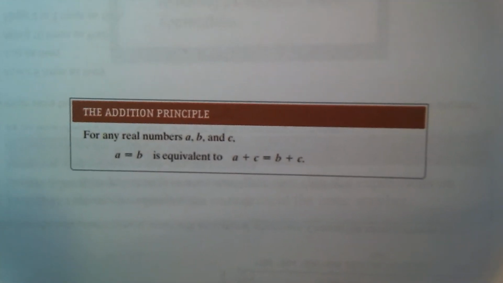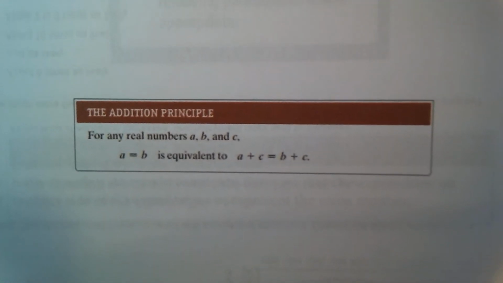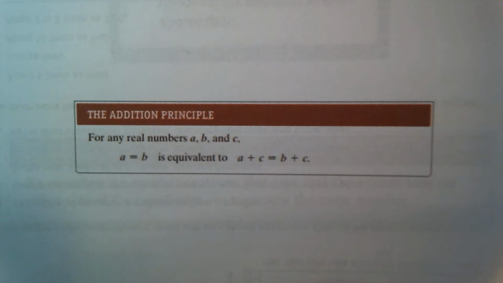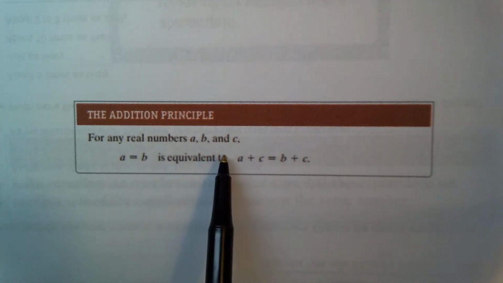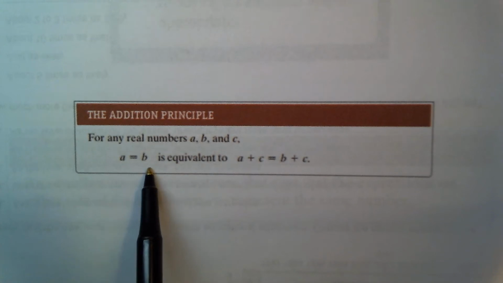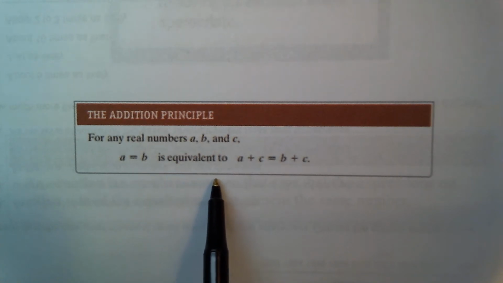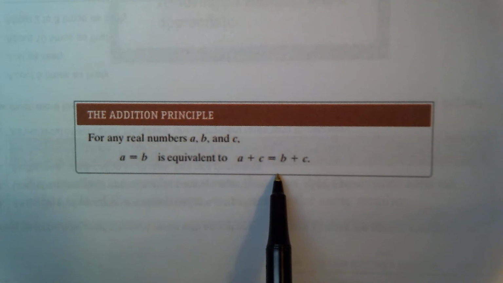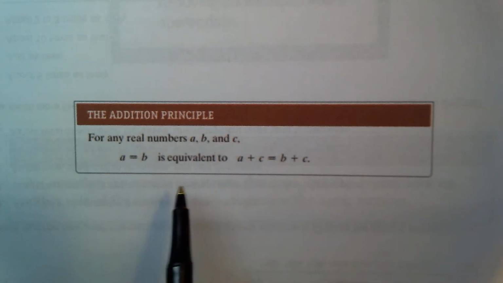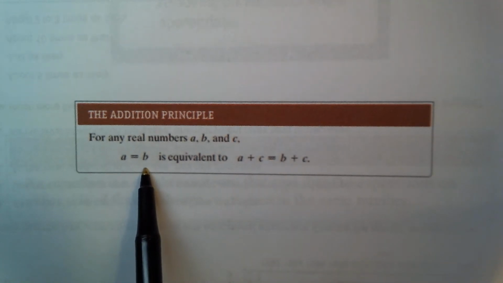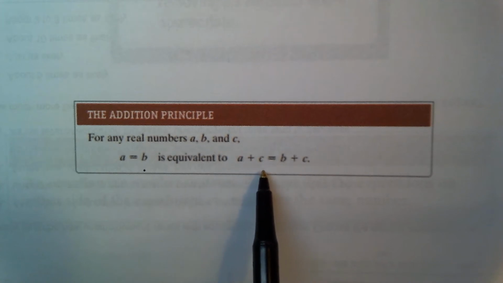Then we talk about the addition principle of equality, and that means for any real numbers a, b, and c, a equals b is equivalent to a plus c equals b plus c. In other words, if we add the same quantity to both sides of an equation, we have an equivalent equation.